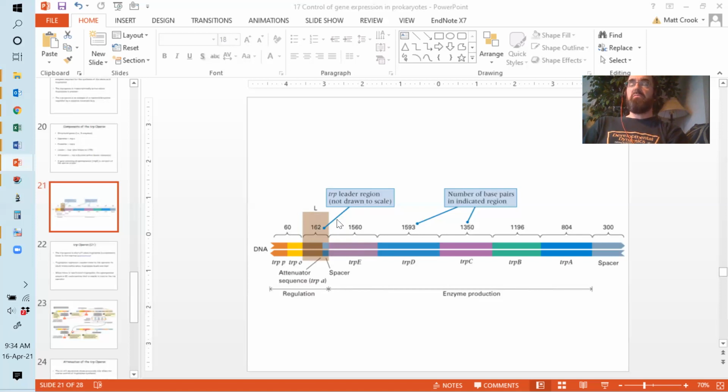If tryptophan is present, because it's being produced as a result of expression of the trip operon, then this leader region gets translated because tryptophan is available to get added to tRNAs. Those tRNAs come in when those two trip codons need to be translated. And in doing so, we have the formation of a terminator hairpin loop, this attenuator sequence here. We'll go through the mechanism of how that works in a second.